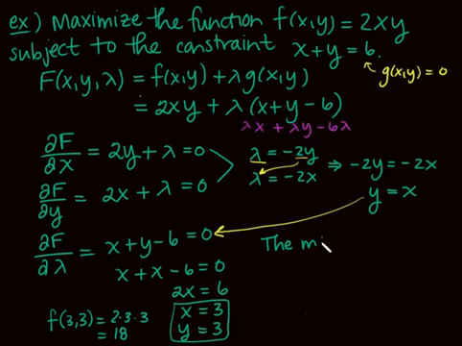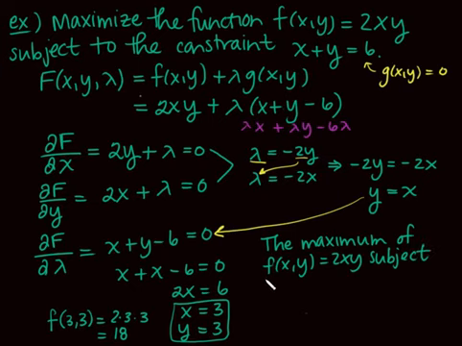So the maximum, here's how I want you to state your answer: the maximum of f of xy equaling 2xy, subject to, you don't have to put the constraint, but subject to x plus y equals 6, is 18 and occurs at 3, 3.